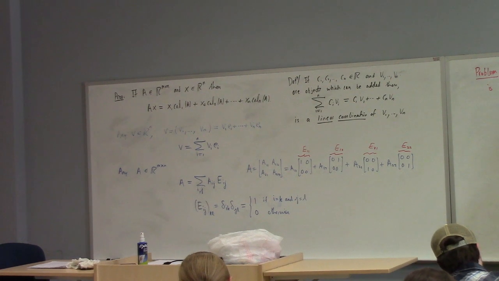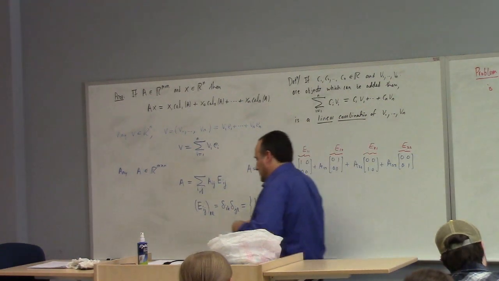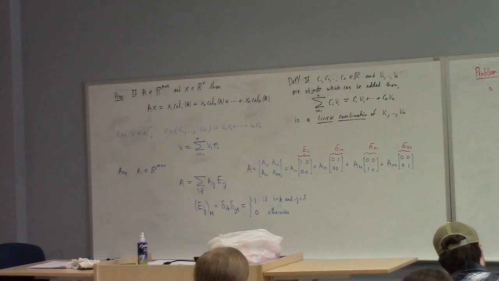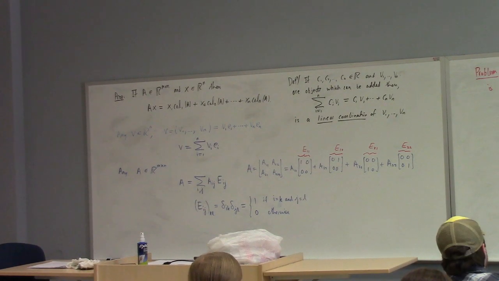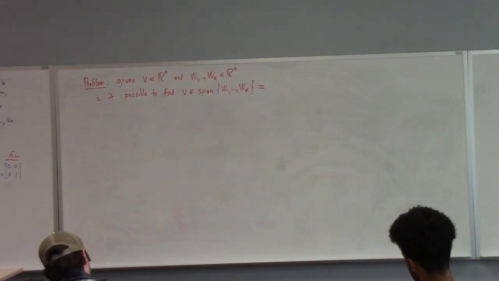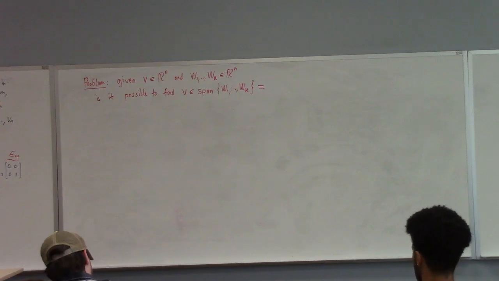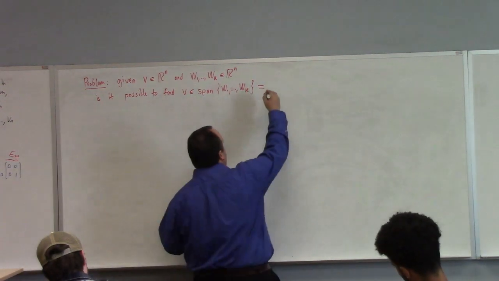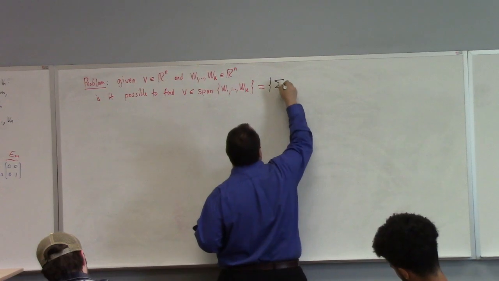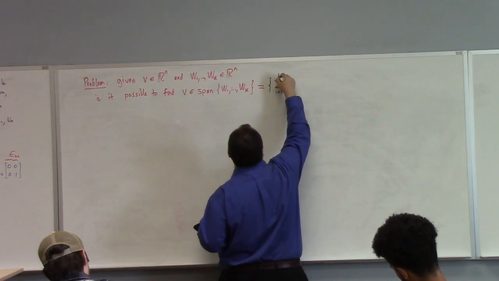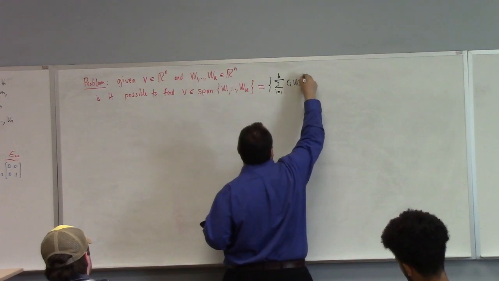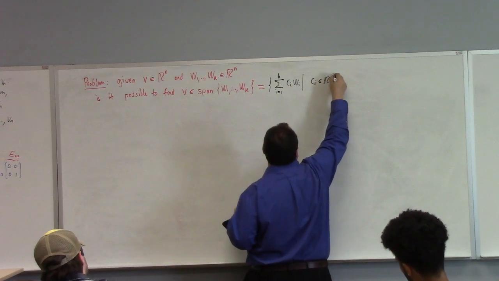Now let me tell you what is the span of the w's? What does that mean? What is the span of the vectors w1 through wk? That simply is the set of all possible linear combinations of the w's. So explicitly, this is the sum i equals 1 to k of ci wi, such that the ci are real numbers, right?